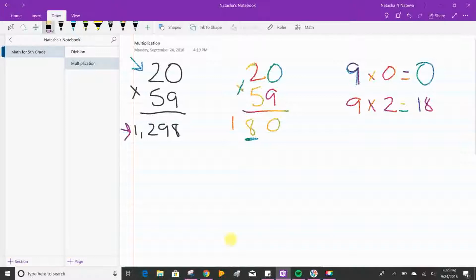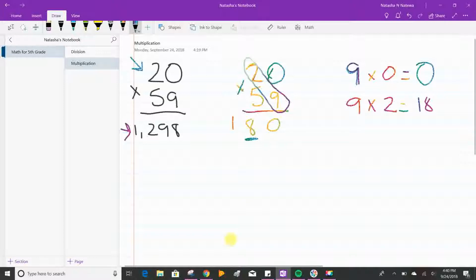So when you get 9 times 2, 9 times, oh no, what did I do? What's the problem? 20 times 59. I was trying to do this. When you do 9 times 2, that means you're done with this column. So 9 times 2 is 18.